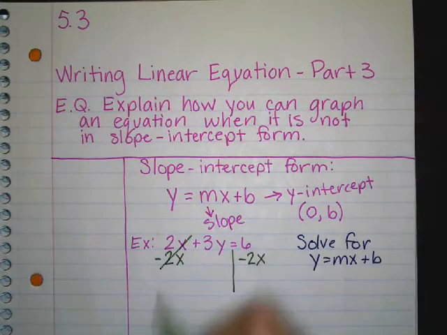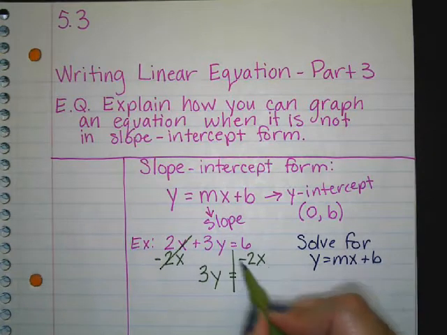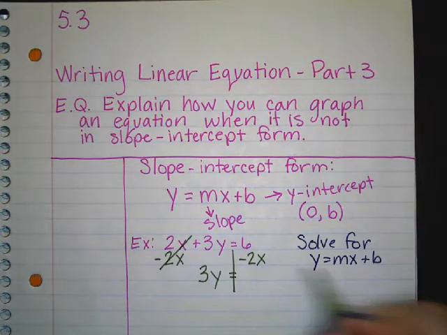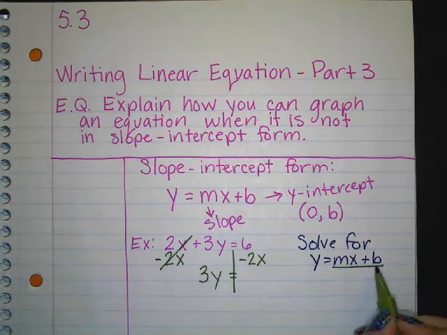Now those cancel each other out and we're left with 3y is equal to 6 and a negative 2x. We can't combine those because they are not like terms, but we can write them in a line. Remember that for our equation, we want the x to be before our b value.